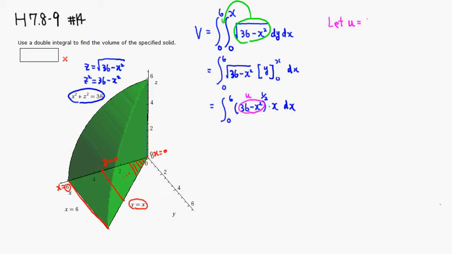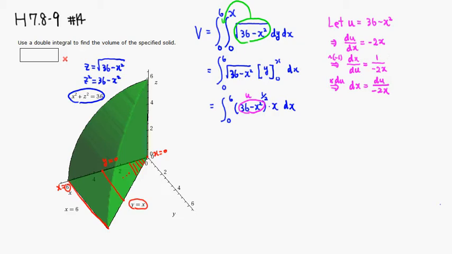Take the derivative of u with respect to x, which is equal to negative 2x. Then take the reciprocal of both sides, so dx over du is equal to 1 over negative 2x. Then we can multiply through by du, and we get dx equals du over negative 2x.